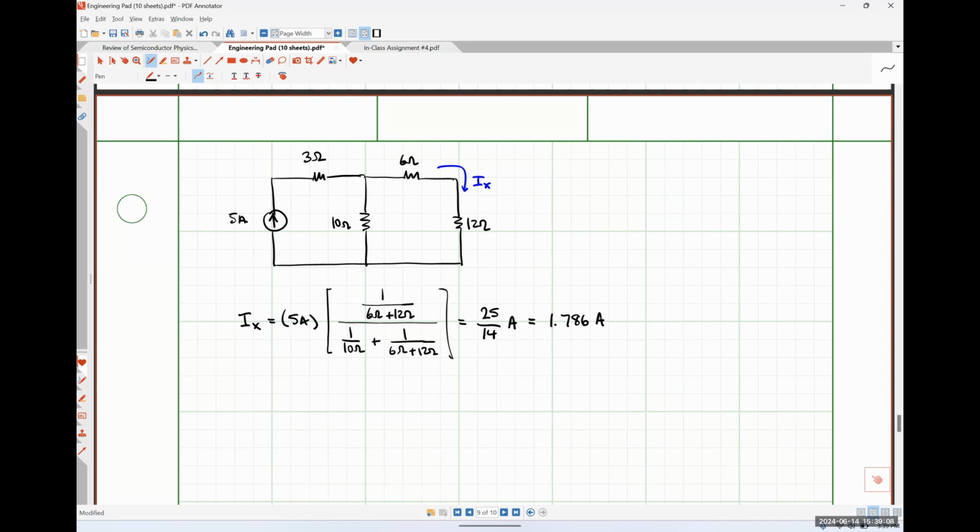So what I've done here is I've treated these two resistors in series as a single resistance that is in parallel with the 10 ohm resistor, which is what's allowing me to use current division. Now I will entertain questions, and there's one that I'm expecting.